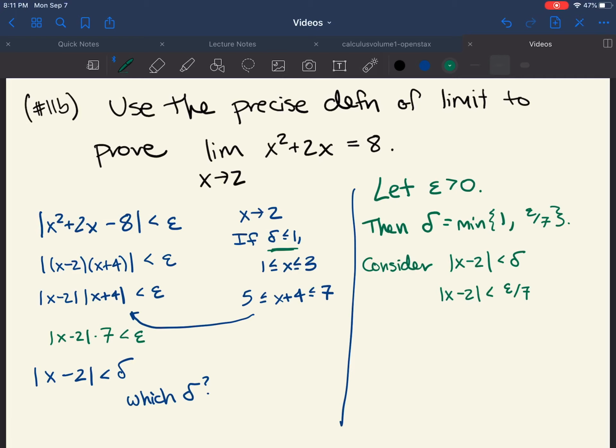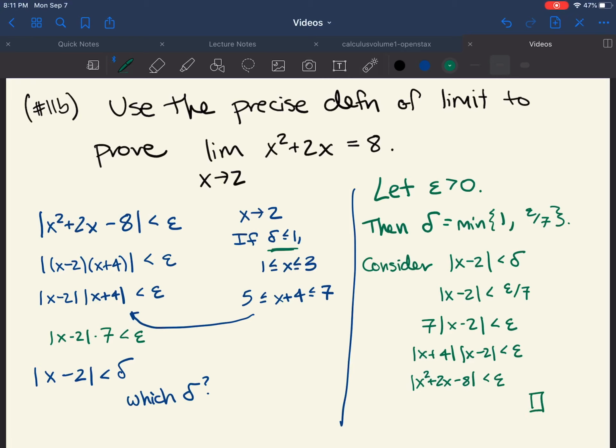And because x plus 4 is less than or equal to 7, what we can do is we can replace this with something smaller, which is |x + 4|, right? And when we multiply that out, we get |x squared plus 2x minus 8| less than epsilon, okay? Which is what we wanted in the first place.